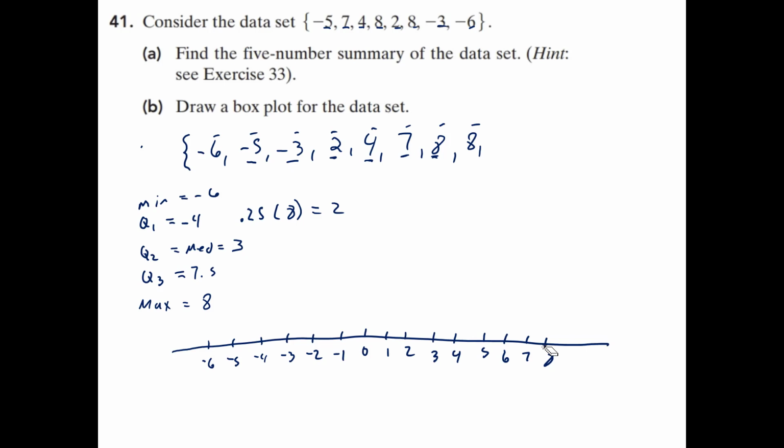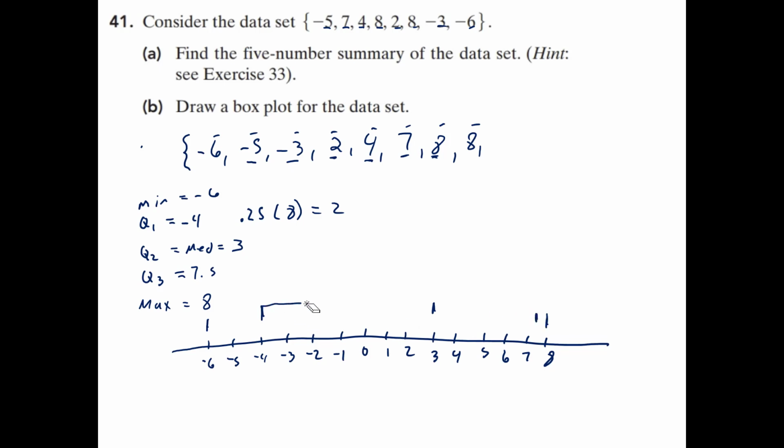So my box plot, I put bars at the end, at the max and the min. And then I also put a bar at Q1. Q1 is -4. At the median, which is 3. And at Q3, which is 7.5.